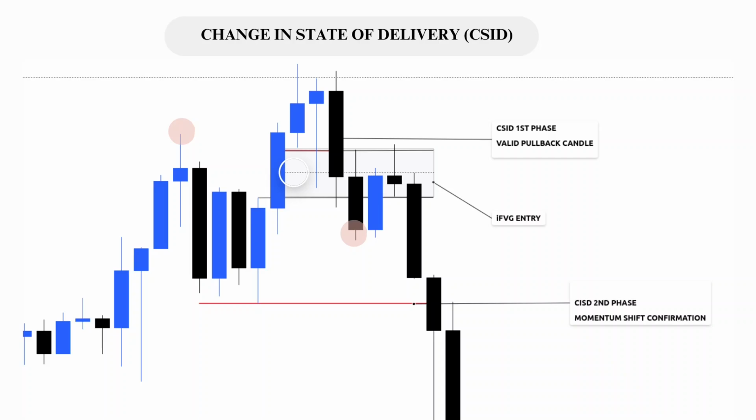When you just spot your change in state of delivery, it does not mean that price will continue to respect that, or that price will not come down here and go up. That is why you have to always look for further confirmations before you take your trade. There are certain scenarios where price will come into this area and you see the price move up in this direction.